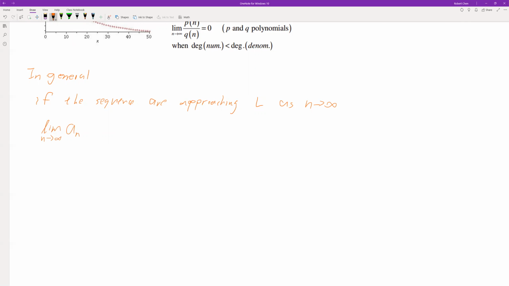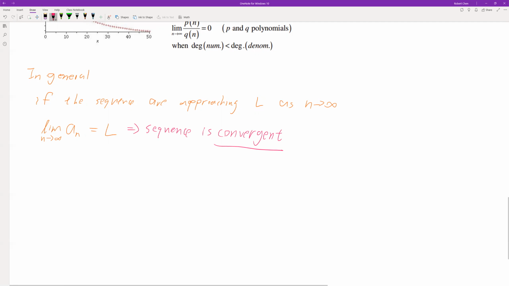So we're looking at large nth elements in the sequence. If it's equal to some constant L, then we say that the sequence is convergent.